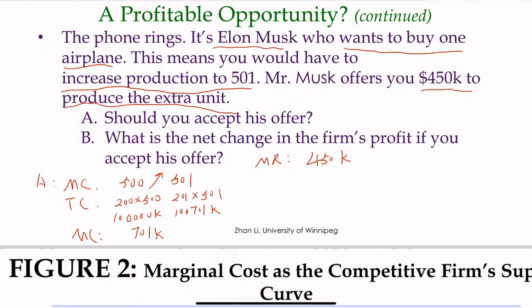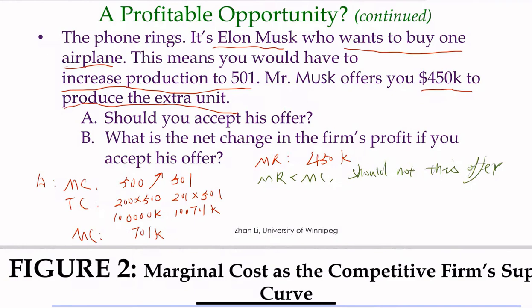If you compare marginal revenue versus marginal cost, marginal revenue is actually smaller than marginal cost, right? So this tells you that you should not accept this offer, because if you accept this offer, your firm will lose money.